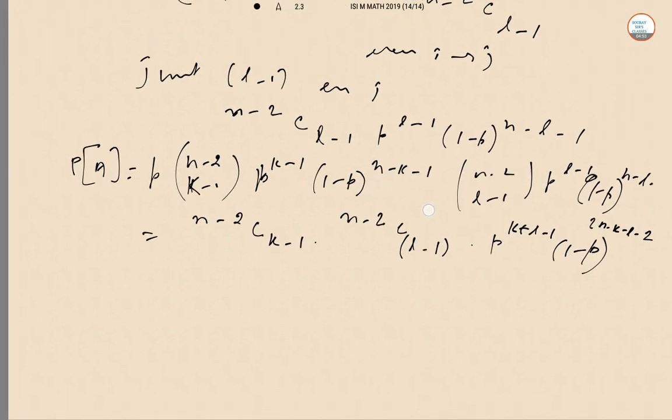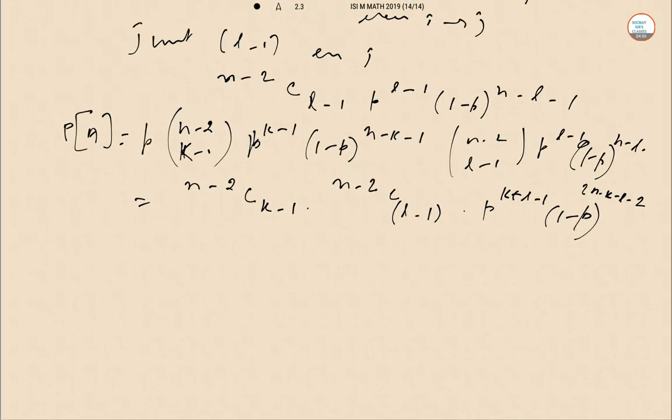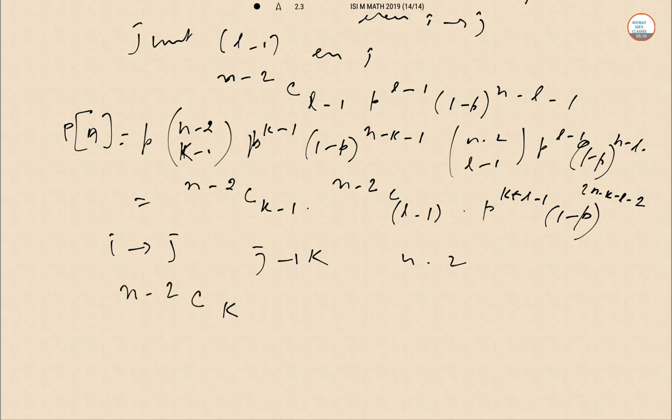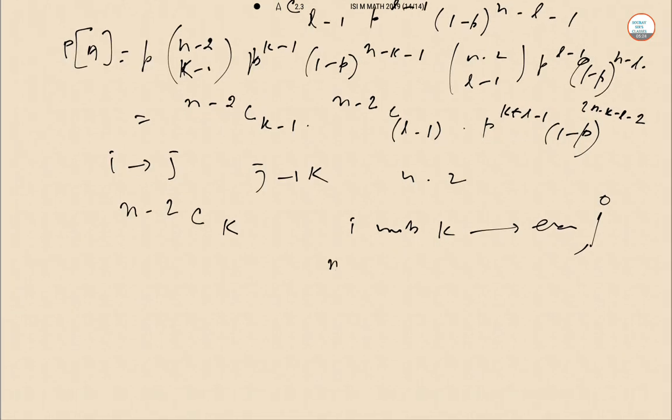Now assuming that event B happens, then i does not meet j, and i meets k other persons from the given possible n minus 2 options. So C(n-2, k) are the choices of persons except j that i meets. So the probability that i meets k except j is C(n-2, k) p^k (1-p)^(n-k-2).